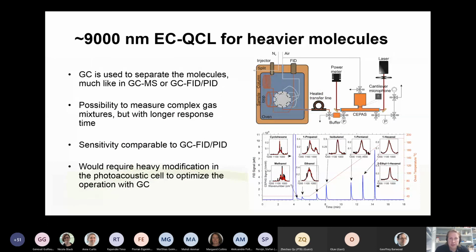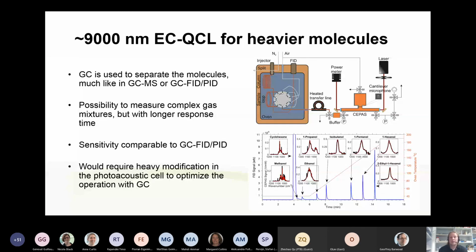Like I said before, this is a bit different as compared to your typical optical gas sensing, where you strictly use optical methods to build your system. And this work uses techniques more often found in analytical chemistry for sensing heavier molecules from a complex gas mixture.